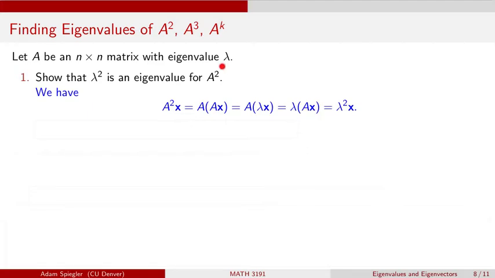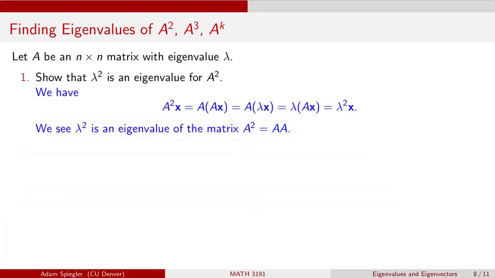Then we can use the fact again that lambda is an eigenvalue of matrix A, so this product Ax is going to equal lambda x. That gives us lambda times lambda x, or in other words, lambda squared x.